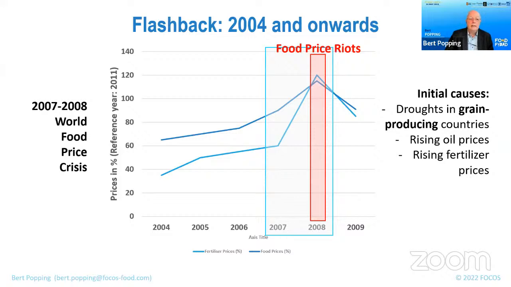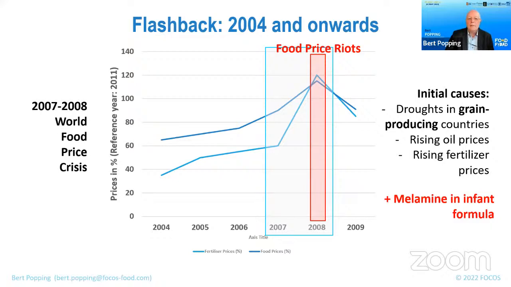And in 2008, we actually saw food price riots in several countries. And on top of that, if that wasn't enough, we also had the melamine incident in infant formula. Now, melamine is a particular molecule that is very nitrogen rich, and sometimes it's added to increase the apparent protein content.